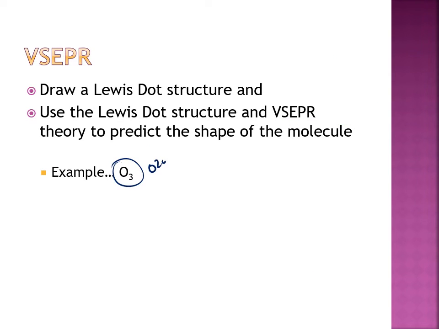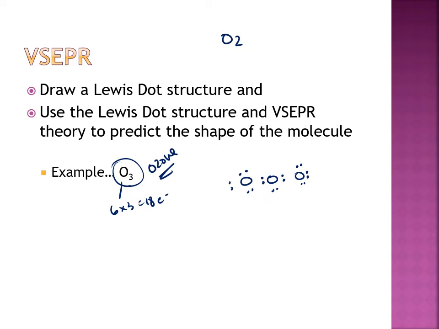O3, this is ozone. So oxygen gas is O2, ozone is O3. Each one of those oxygen atoms has 6 electrons. 6 times 3 is 18 total electrons that I get to work with. So I've got oxygen, oxygen, oxygen. I'm going to start between. I have 2, 4, 6, 8, 10, 12, 14, 16, 18.